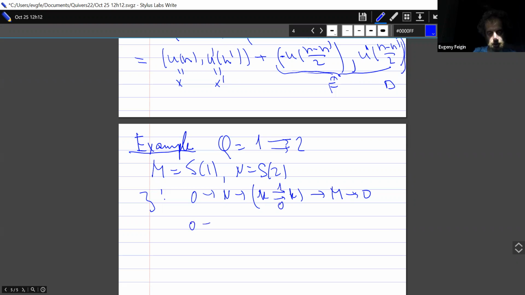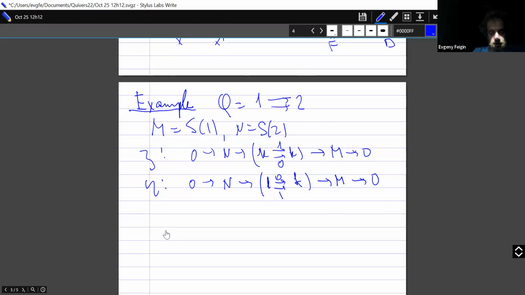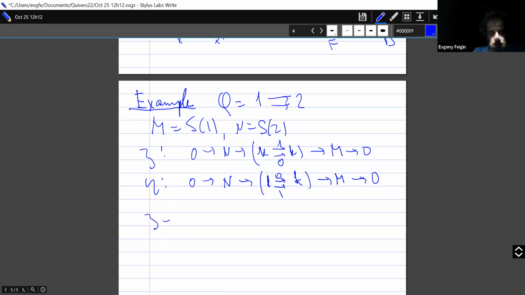And the second extension is 0 to N, K to K, 1, M, 0. So the maps u and v and u prime and v prime are clear. Yes, these are embeddings and surjections. So the embedding is the second factor, and the surjection is to the first, and this is eta. And then the question is, what is psi plus eta?